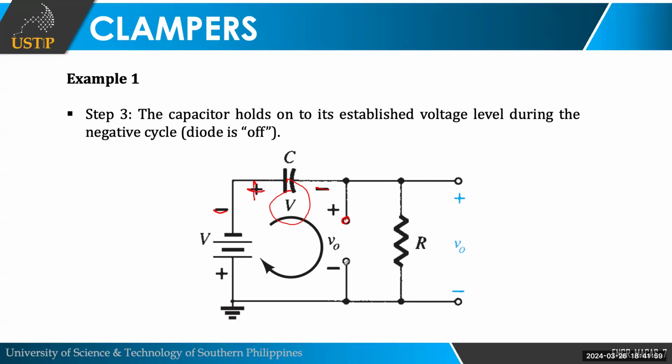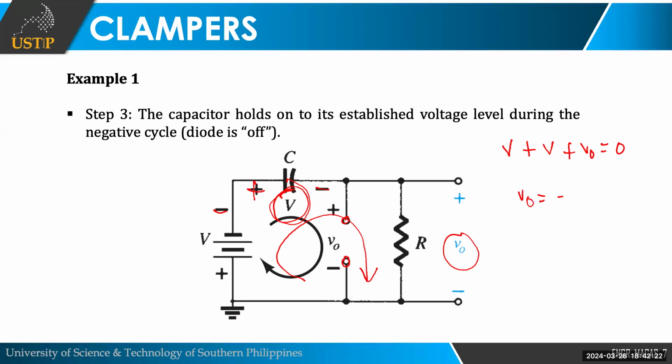And then your diode will be reverse biased. So it is open there, because the capacitor is now holding a voltage V. Doing KVL now, class, how are we going to get the output? Of course, it will be V plus V: the voltage of the capacitor, plus V output, is equal to 0. Okay? So V output now will be, look, 2V.